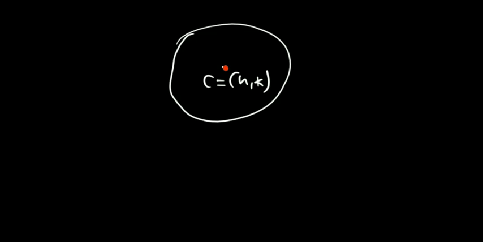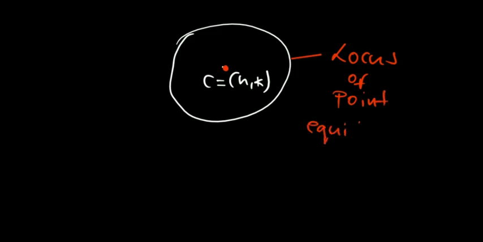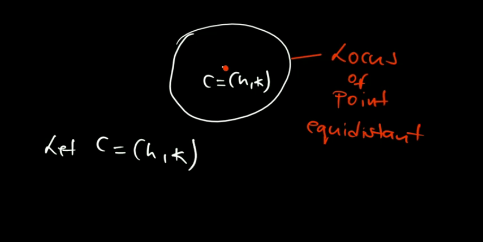Then the set of all the points on the circumference, we use a fancy term, the locus of the points. Now these points are of equal distance, so we use the term equidistant. Then you're good. So we just say let the point C, of course we know is our center, h comma k, be a fixed point.